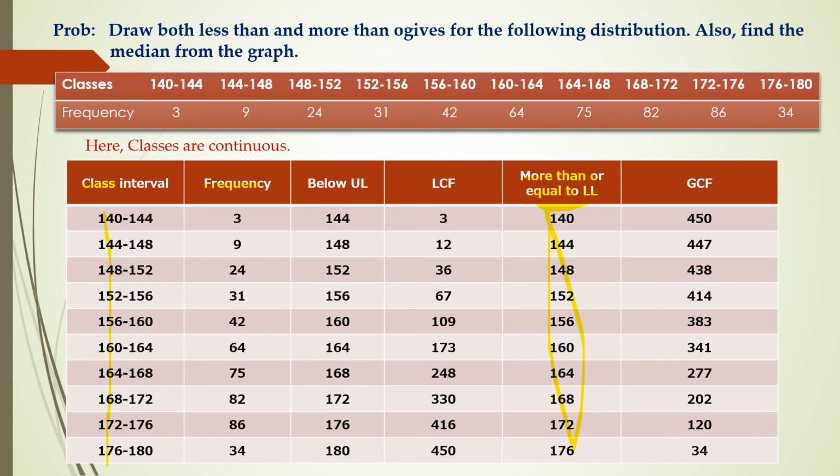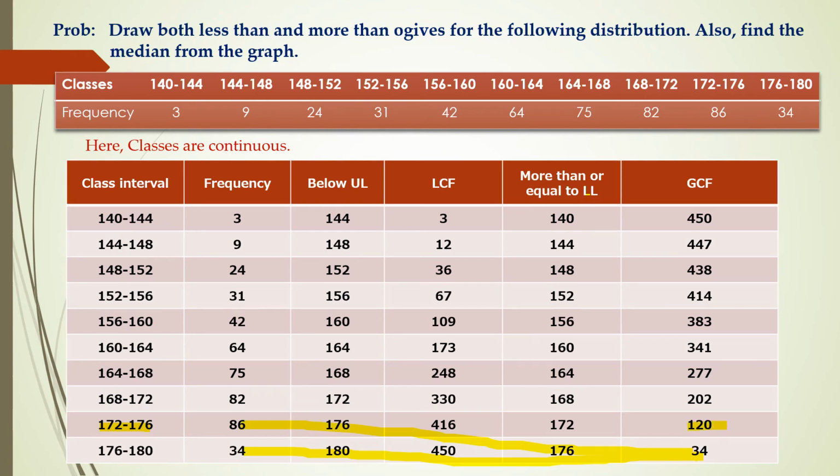Now you have to find the greater than cumulative frequencies by using the given frequency values. We know for the last class interval, frequency and greater than cumulative frequency are the same. So copy 34. Then to find the greater than cumulative frequency of 172, you have to find the sum of 34 and 86, that is 120.